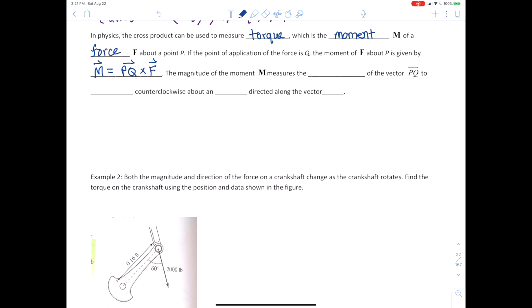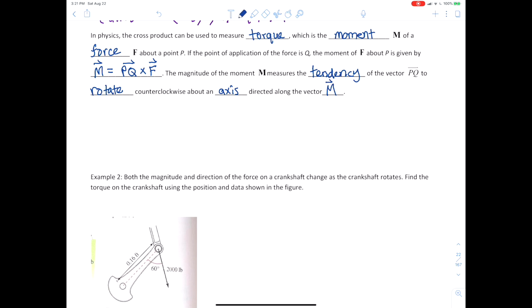The magnitude of the moment m measures the tendency of the vector PQ to rotate counterclockwise about an axis that's directed along the vector m.